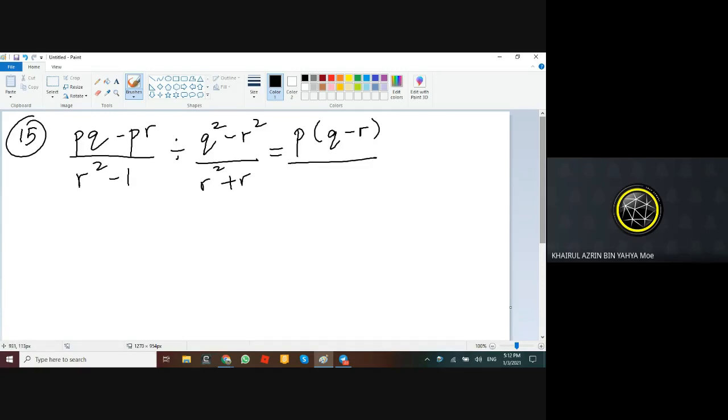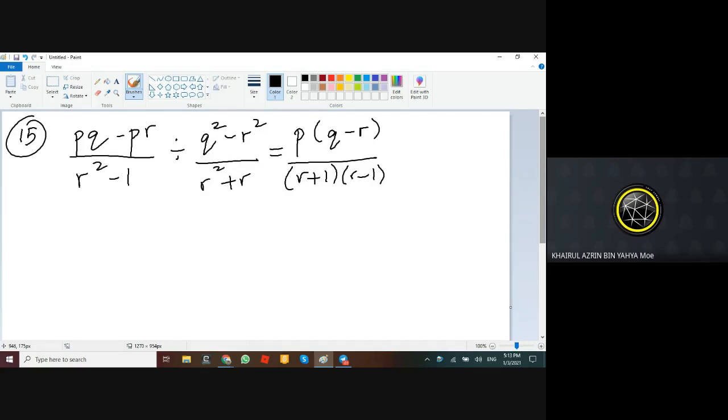Okay, R square minus 1. If you practice more on factorization, you should know that R square minus 1, we can do like this. We can factor R square minus 1 become R plus 1, R minus 1. Remember, R square is perfect square, 1 also perfect square.